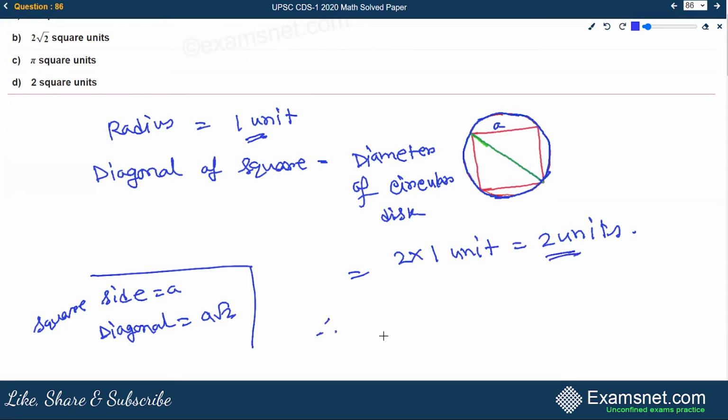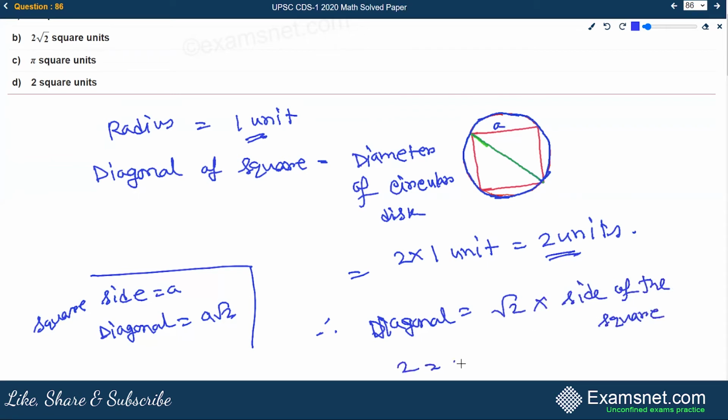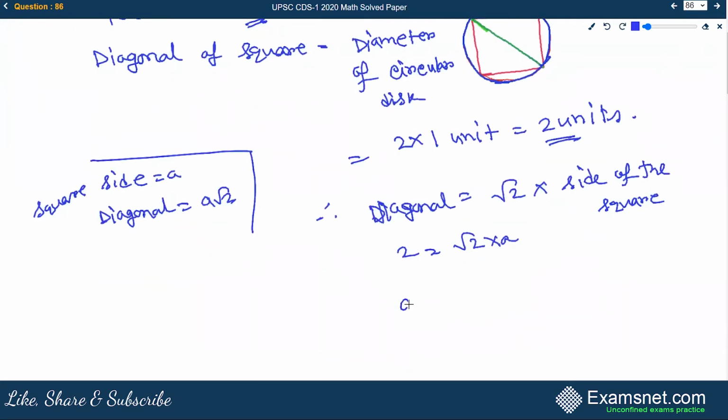Therefore diagonal equals root 2 multiplied by side of the square. So here 2 is root 2 multiplied by a. So the value of a is 2 by root 2, that is root 2 units.